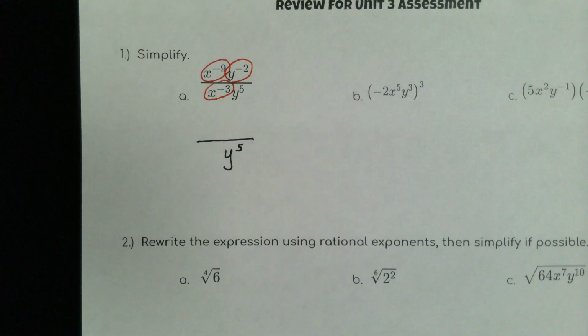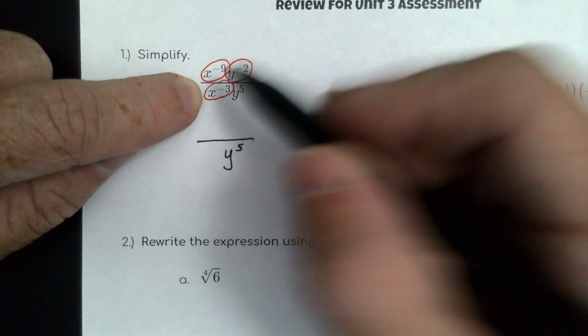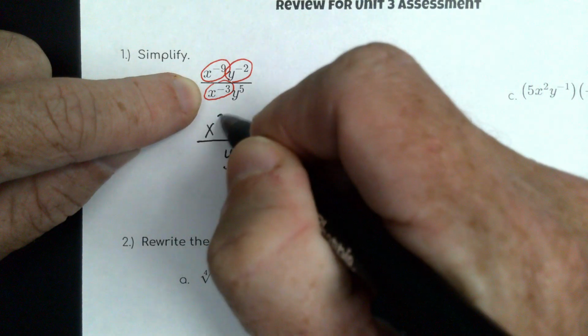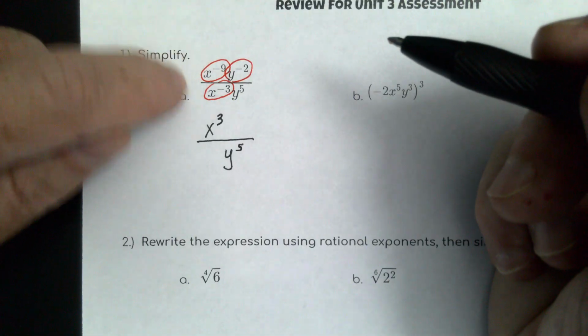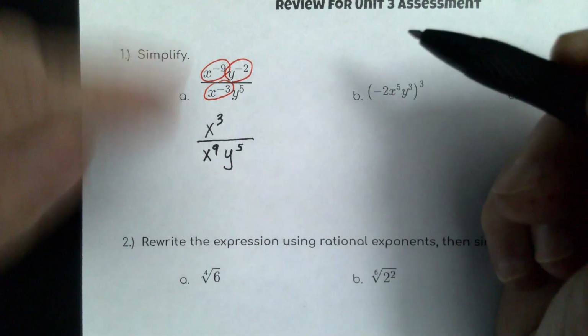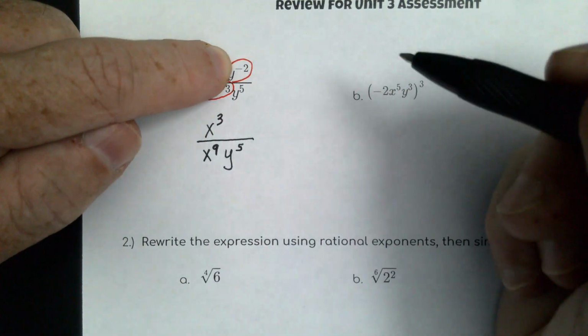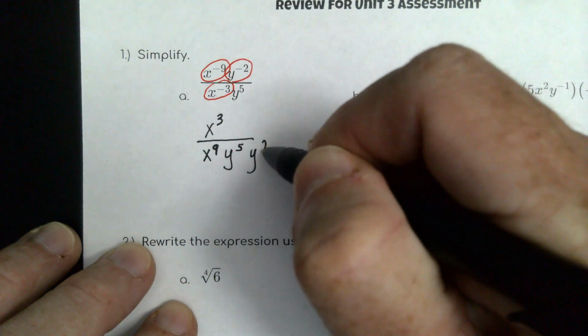Remember, we only move the ones with negative exponents. So that x to the negative 3 is going to actually go to the top, and it becomes positive. The x to the negative 9 is going to go to the bottom and become positive. And then that y to the negative 2 is going to also move to the bottom and become positive.